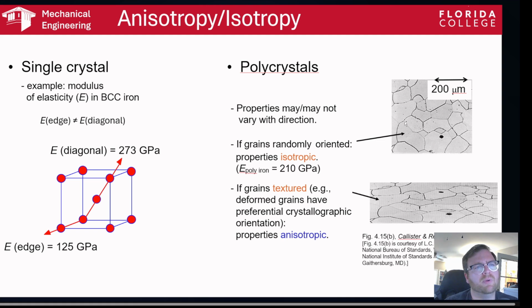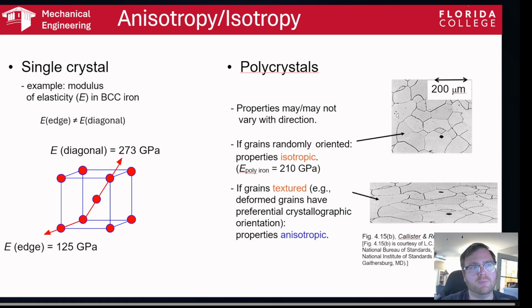Engineers tend to prefer this kind of jumbled set of polycrystalline cells or grains, because we can just order a piece of steel, get it and cut it out any way we need to, and we're sure it'll still behave in the same way in one direction versus the other, even if we are sacrificing a little bit of our ability to make this as efficient as possible, right?